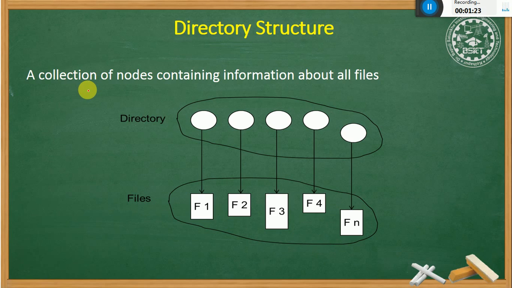A directory is a container of files. A file is a unit of data which is stored in the secondary device or secondary memory. So a directory is a collection of files. It may be of the same type or of different types. So this is a diagram of that directory: a directory containing a single file or multiple files of the same type or different types.